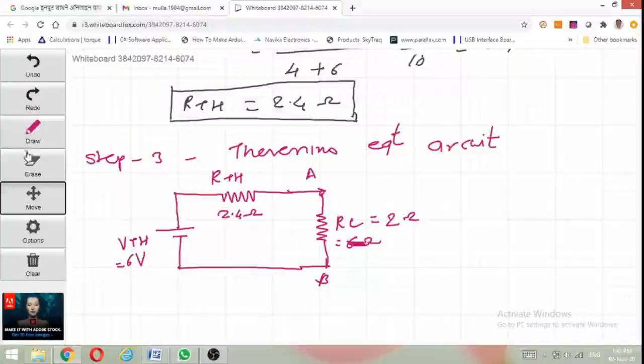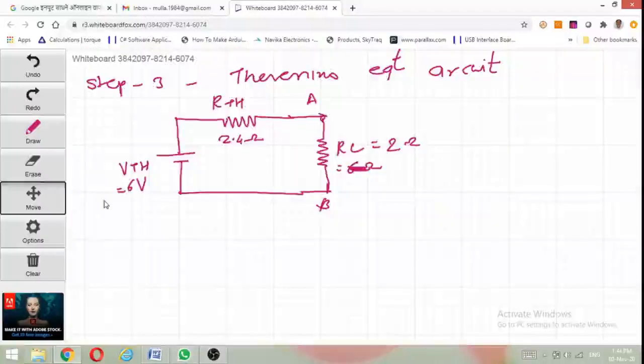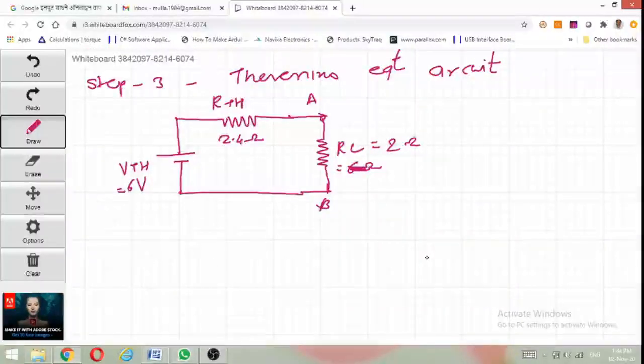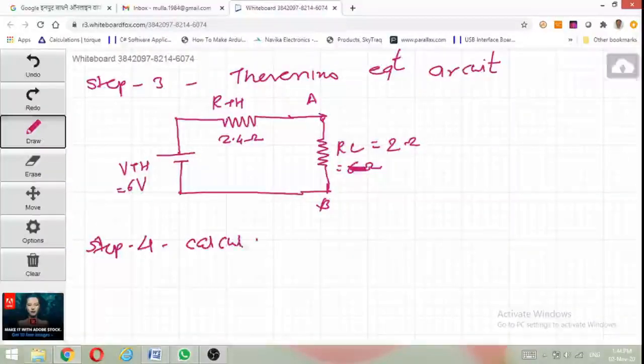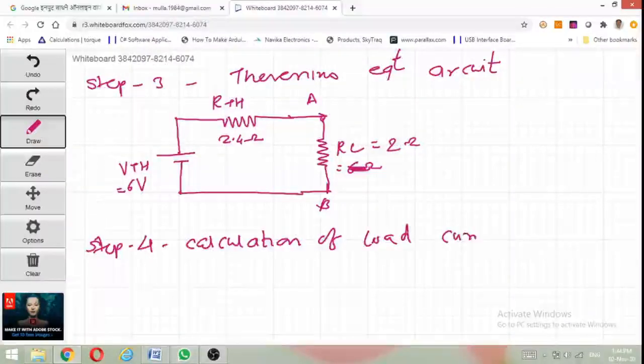Okay, then the last step is step number 4, the calculation of load current IL. In this circuit, the current flowing through resistor RTH and load resistor RL is IL.